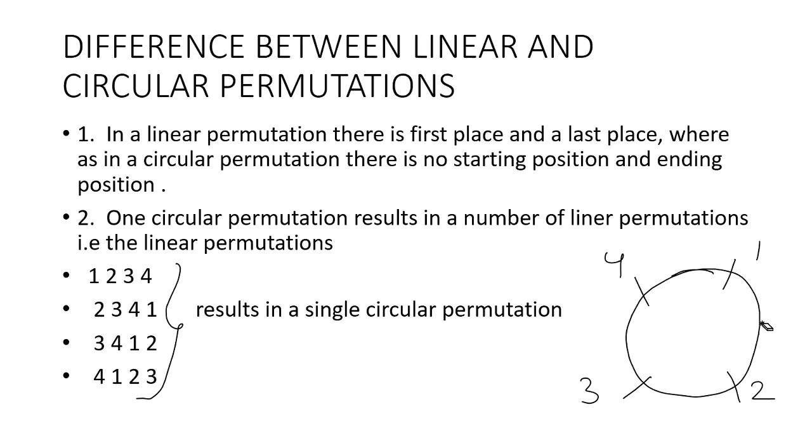So this is the circular permutation. Here we have 1, 2, 3 and 4. If you read it from 1, it is going to be 1, 2, 3, 4. If you read it from 2, it is going to be 2, 3, 4, 1. If you read it from 3, 3, 4, 1, 2. If you read it from 4, 4, 1, 2, 3. In general, we read circular permutations in clockwise direction.